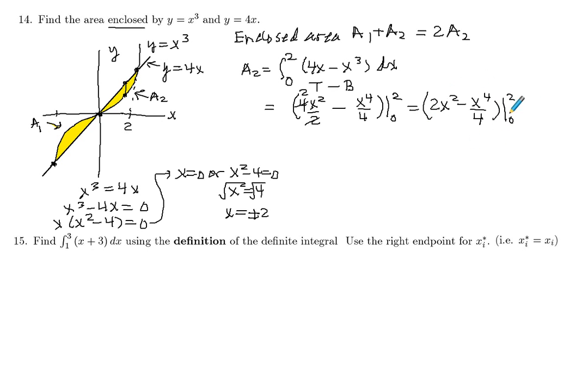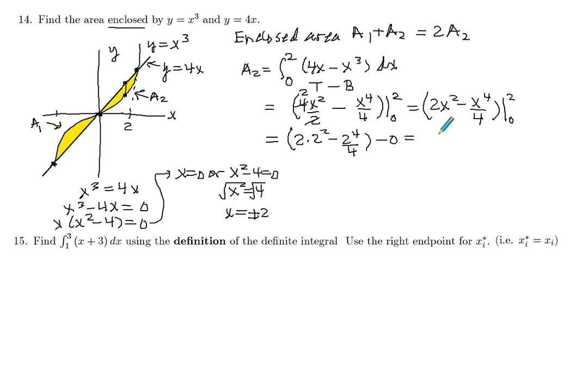And so plug a 2 in both places, plug a 0 in and subtract. So if we plug the 2 in, we get 2 times 2 squared minus 2 to the 4th over 4, minus, if we plug the 0 in, we just get 0 and 0.